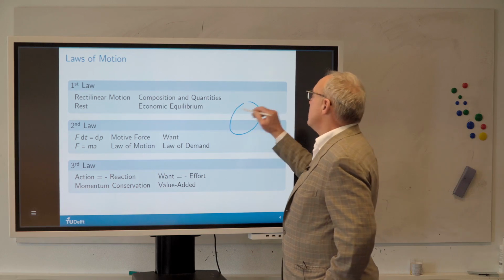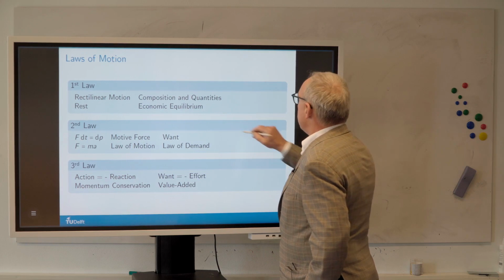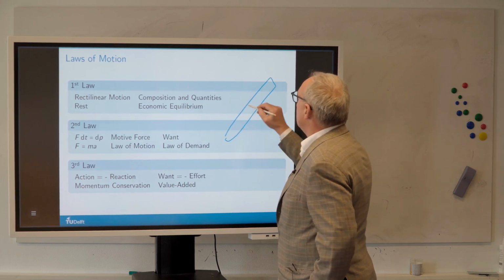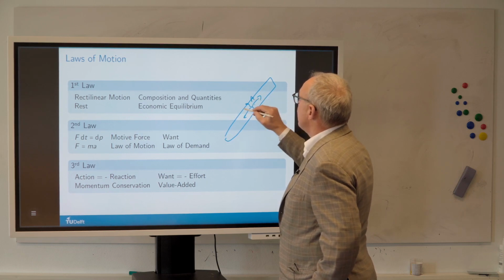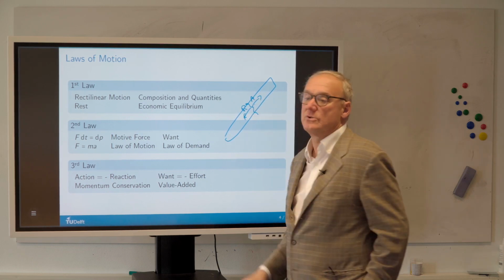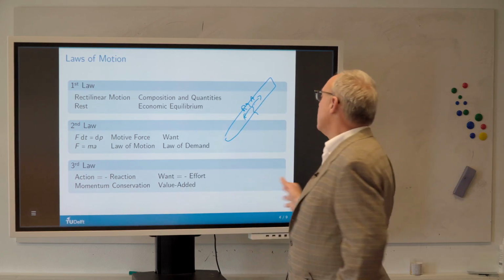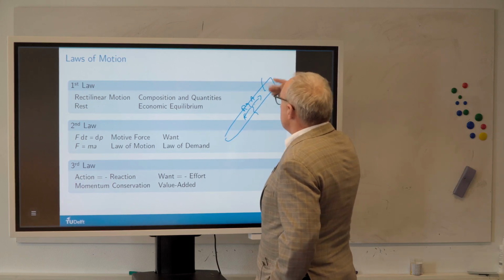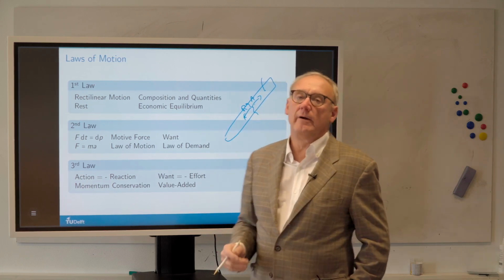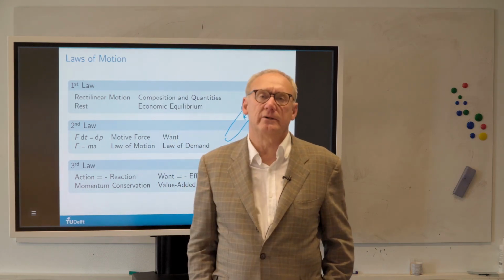We're always taught this, so you have some kind of member like this. And you cut it in two here, and there'll be a force here, and then one is an action force, and the other is a reaction force. You can choose either one. So the first thing you've got to notice is that there are two members here, so there are two pieces of matter that these forces are defined on.